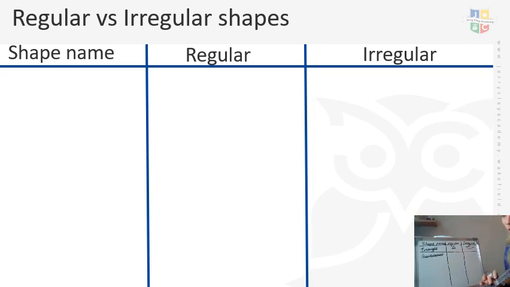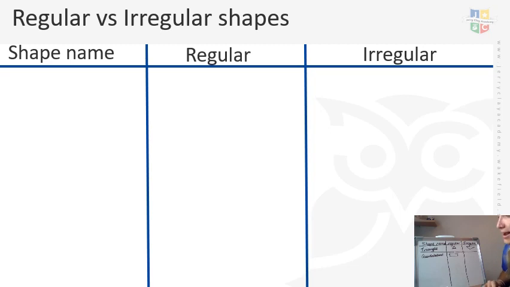Now a regular quadrilateral, there's 2 different types. So we could have a square or we could have a rectangle. So you can draw whichever one that you would like. So I can draw 1, 2, 3, 4. So there is my rectangle.